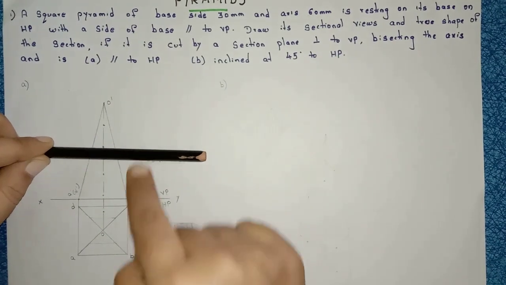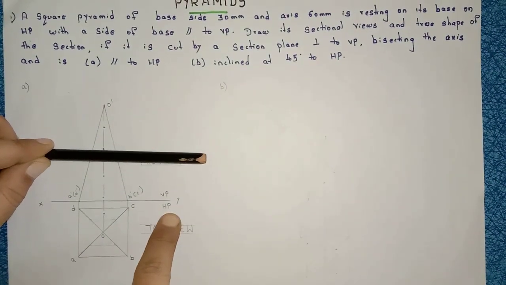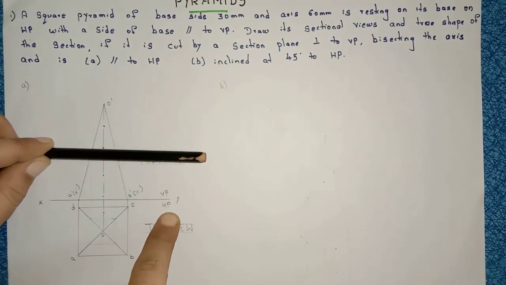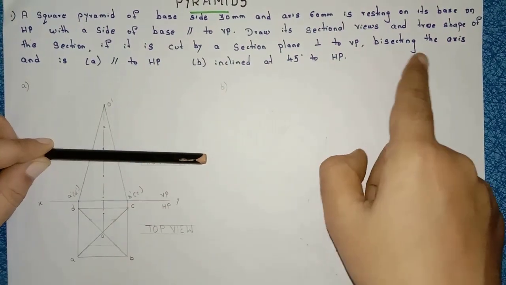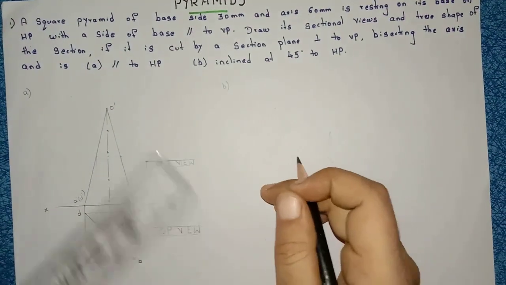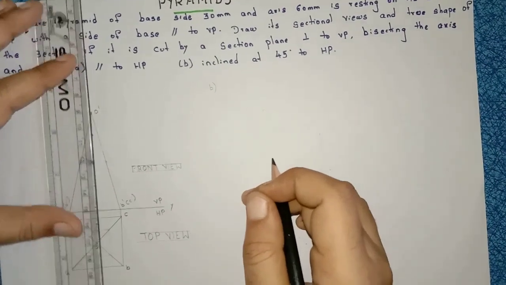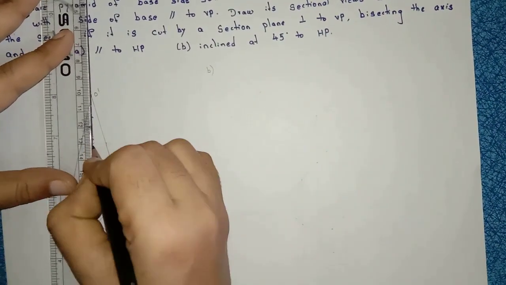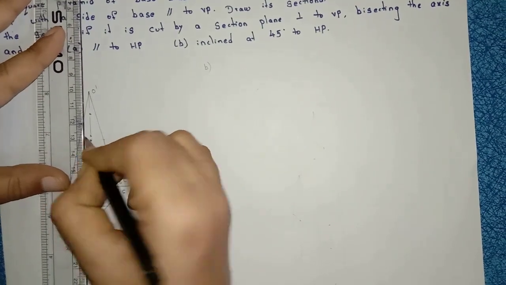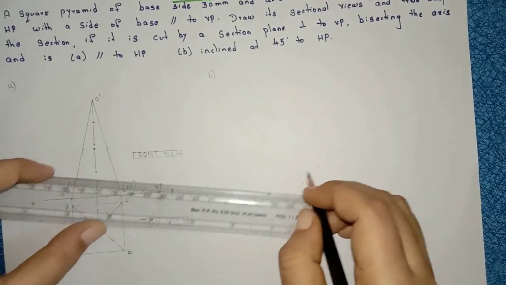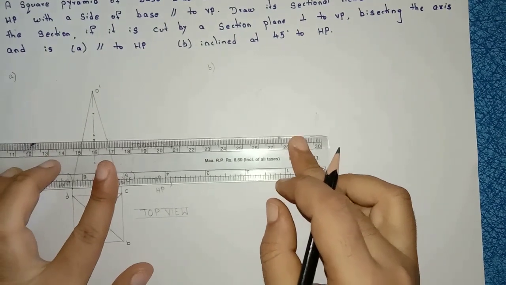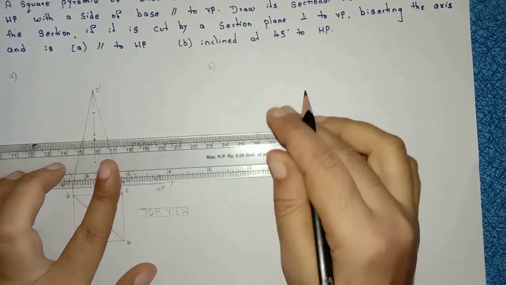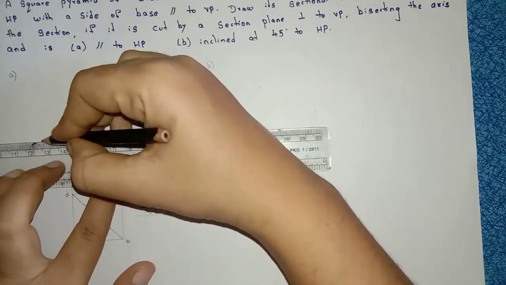Now this sectional plane is parallel to HP. Right? Now the condition is bisecting the axis. Now this is your axis line, 60 mm. Mark the midpoint. Bisecting means you have to mark the midpoint. Now through that midpoint, draw the sectional plane of any length.